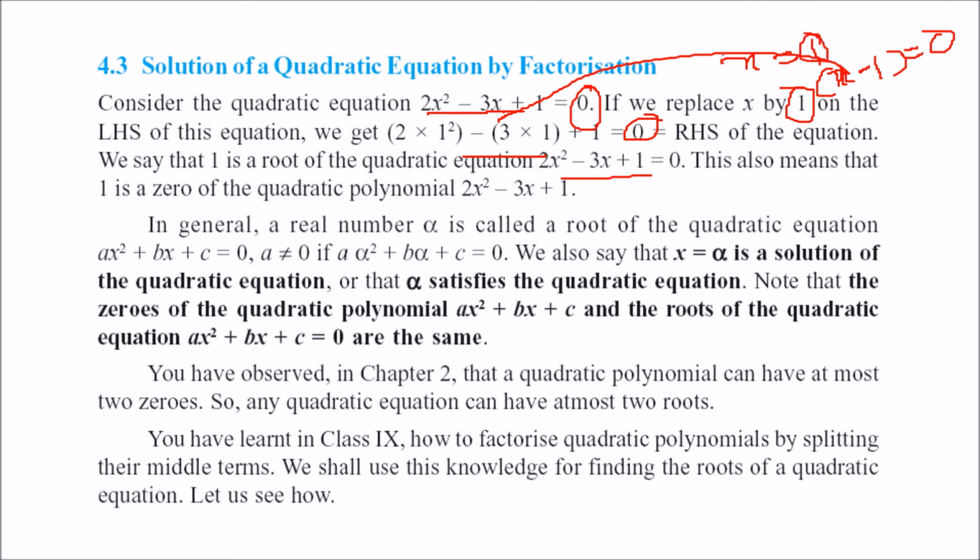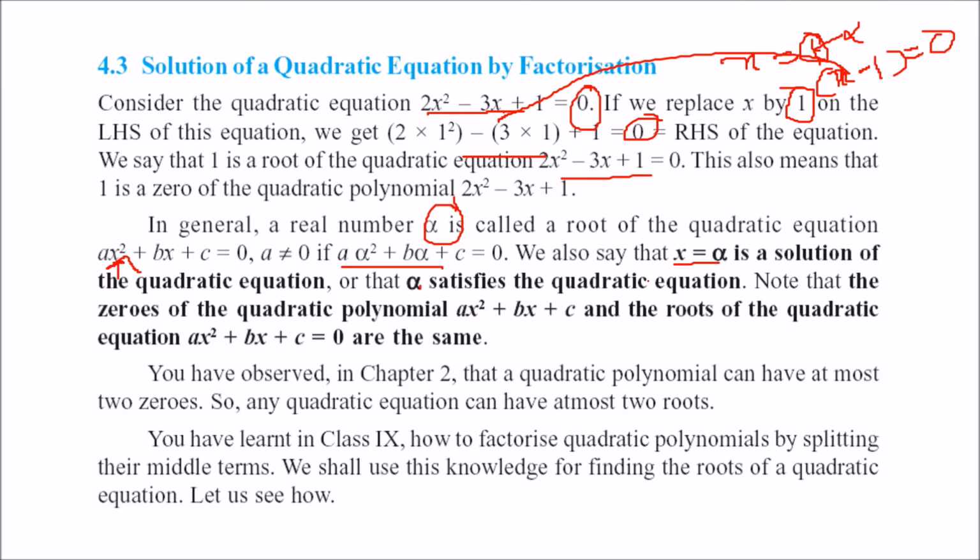So x equal to 1, or say alpha equal to 1. Any alpha which satisfies ax square plus bx plus c, when we place alpha in the place of x, so a alpha square plus b alpha plus c equal to 0, this is called the root of the equation. So x is equal to alpha is the solution of this equation.